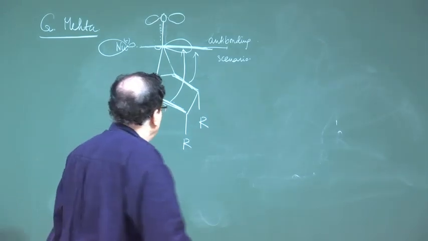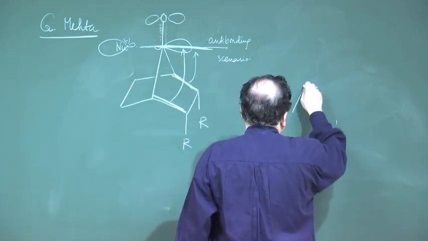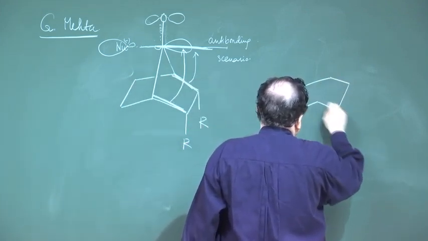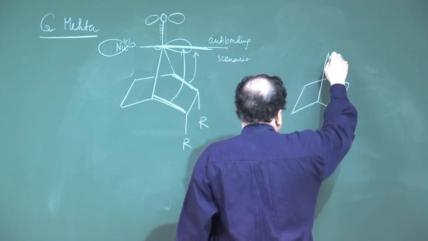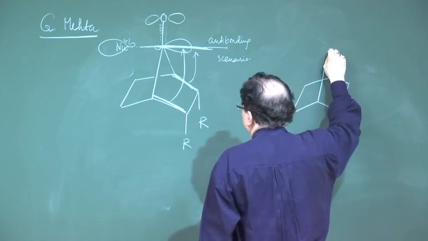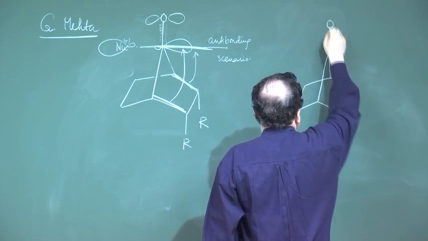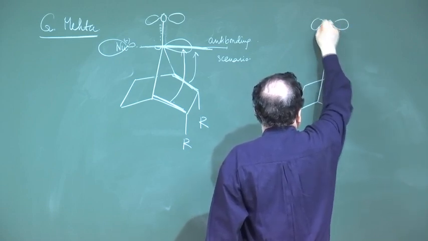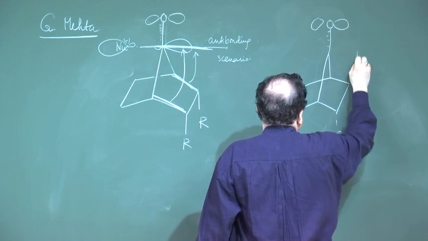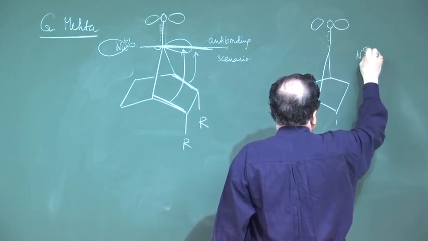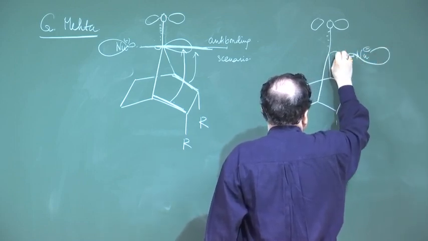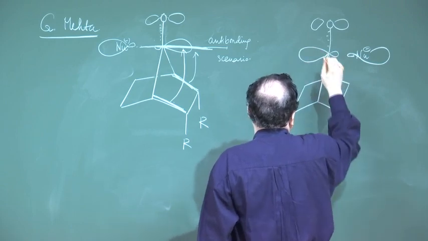Okay. On the other hand, if the attack takes place from the other side, then what happens? So that is the nucleophile. So, there will be a small orbital and there will be a bigger orbital.